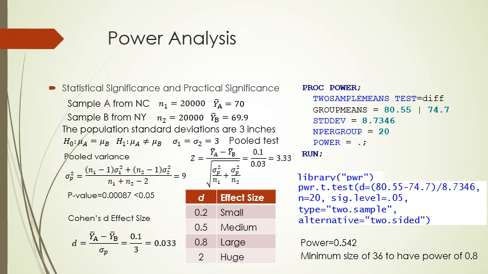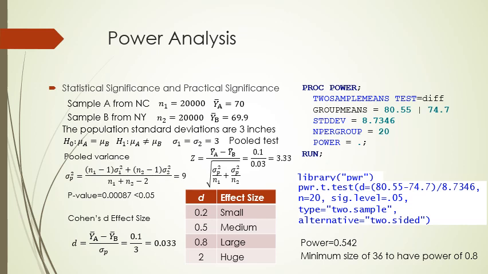For example, we randomly choose 20,000 male adults from North Carolina and New York states respectively and measure their heights. The average height in the North Carolina sample A is 70 inches, and the average height in the New York sample B is 69.9 inches.